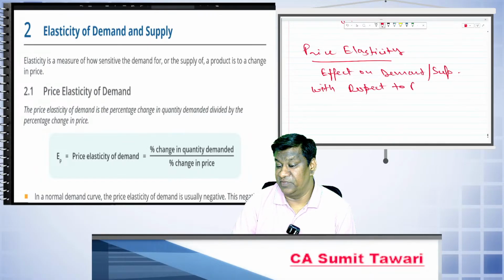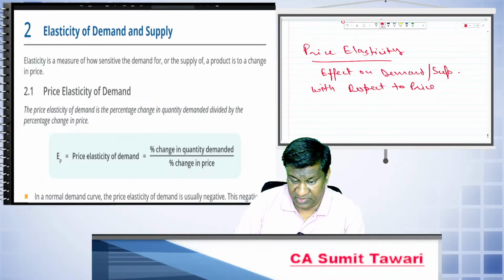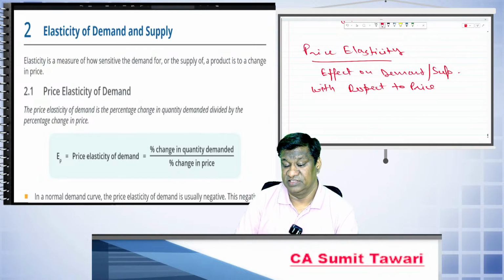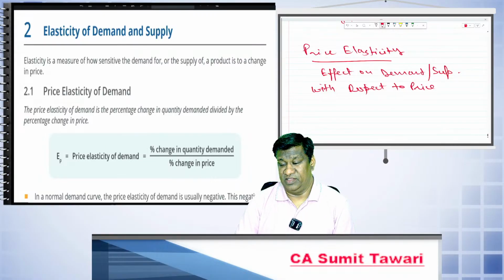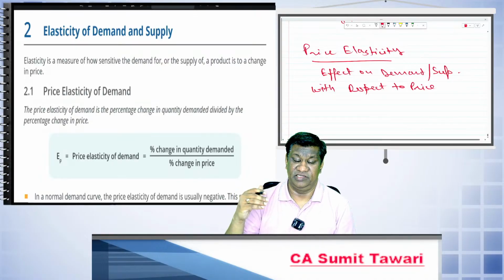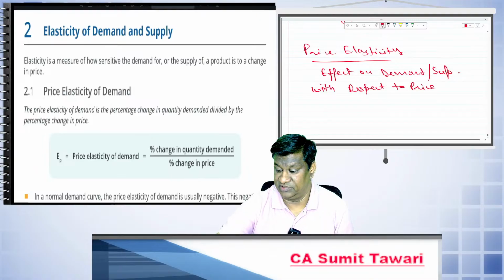Always keep in mind, don't get confused: quantity is always in the numerator and price is always in the denominator. Whether you are calculating the cross elasticity, the elasticity of demand, or the elasticity of supply, we always find out the change in quantity with respect to the prices. So quantity is always in the numerator and price always in the denominator.